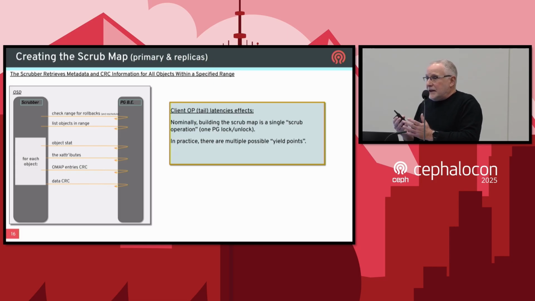Internally, it means that it is started, the PG is locked, continues and ends, and the PG is released. So this affects latency, theoretically, because if you have any other I/O that reached the same PG, it will block until we are finished.